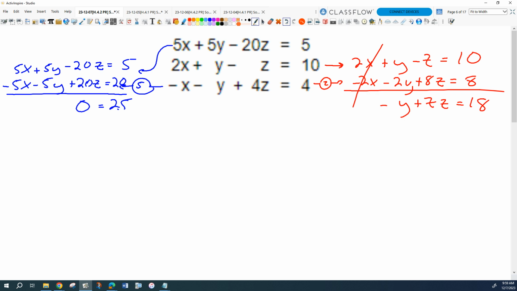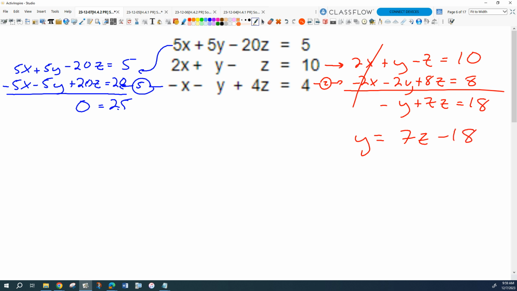You guys are used to knowing or graphing lines in the xy plane. If this were in the xy plane, it might have looked something like negative x plus 7y equals 18, right? Everybody get that? Like if I solve for y here, what would I get? I get y equals 7z minus 18.